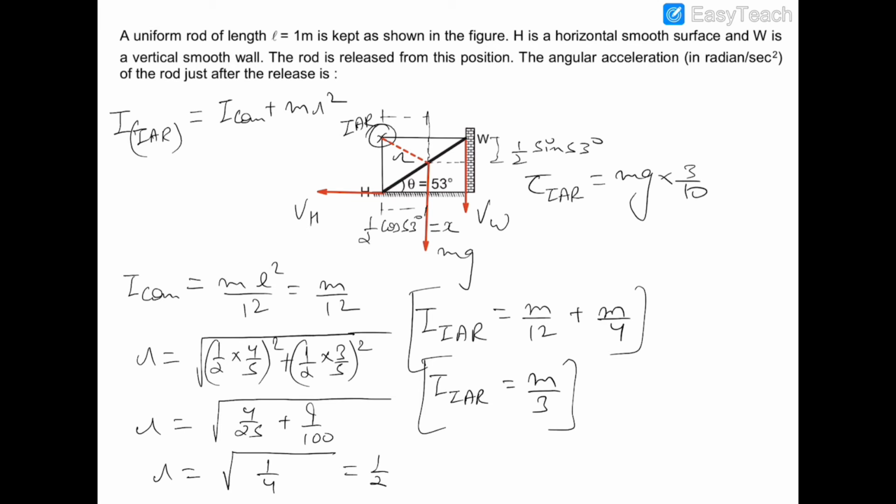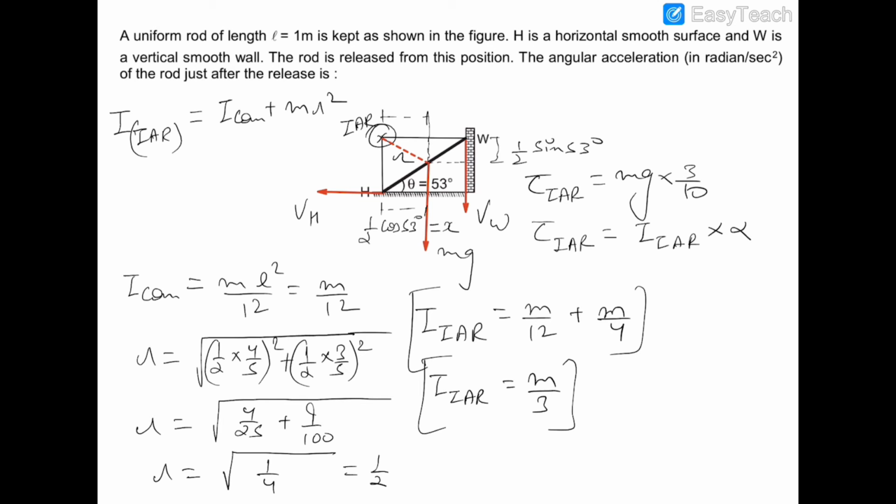And I'll also tell you that there would be two other forces. This is the normal reaction of the wall and this is the normal reaction of the floor. So these forces are passing through the axis of rotation. Therefore, the contribution of these forces in the total torque would be 0. So the total torque about IAR would be equal to I about IAR into alpha.